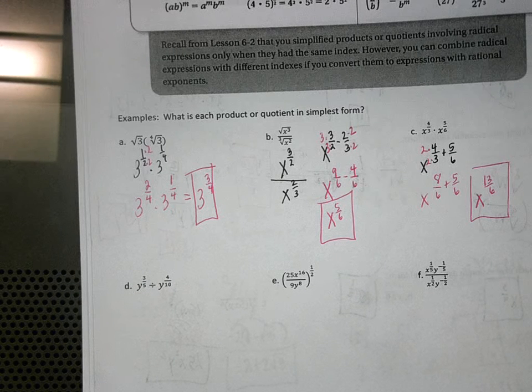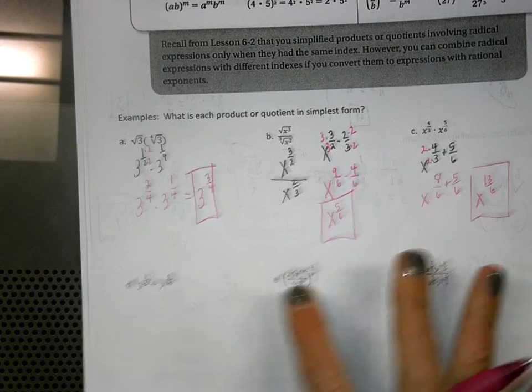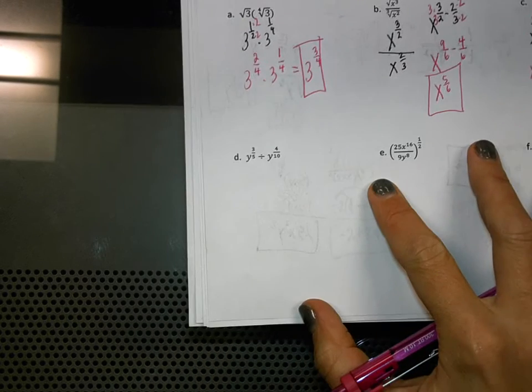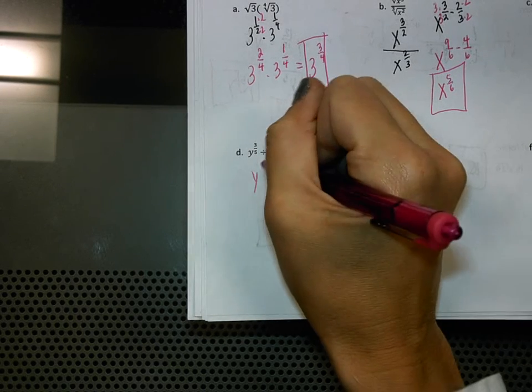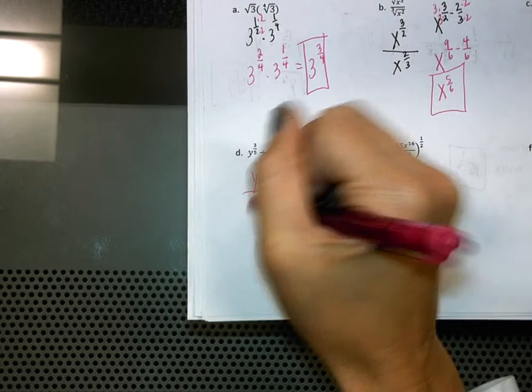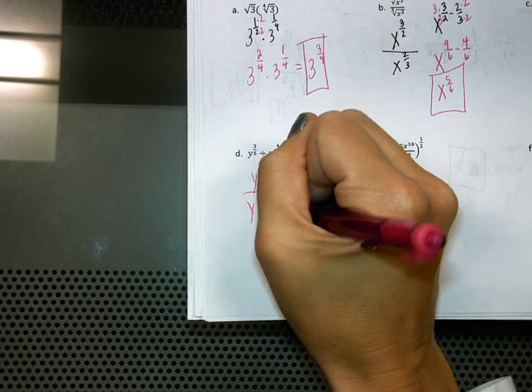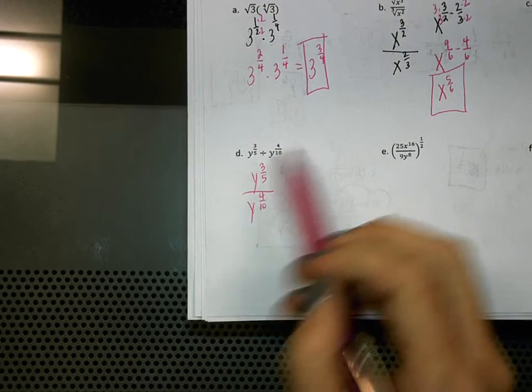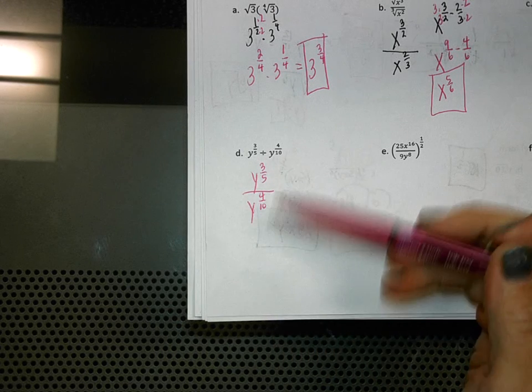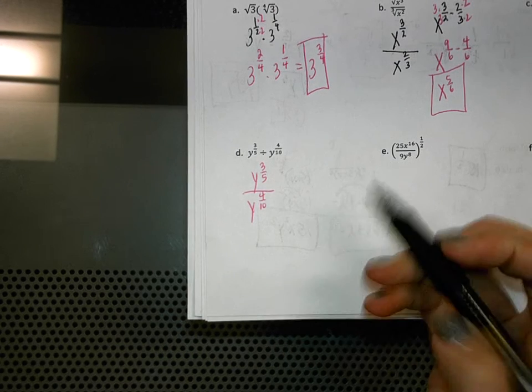All right. We're good? Okay, next one, D. If we are dividing, this is the same thing as y to the 3/5 over y to the 4/10, correct? Okay, you don't have to rewrite it this way. I just want to make sure that you understand that these are the same. Can 4/10 reduce?